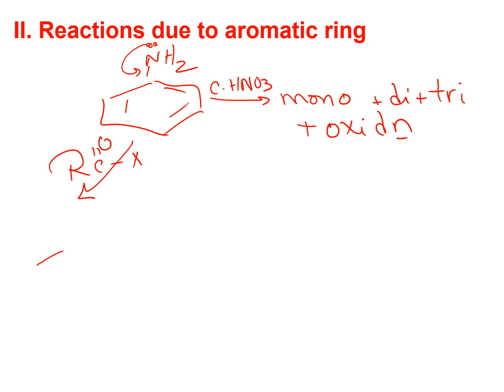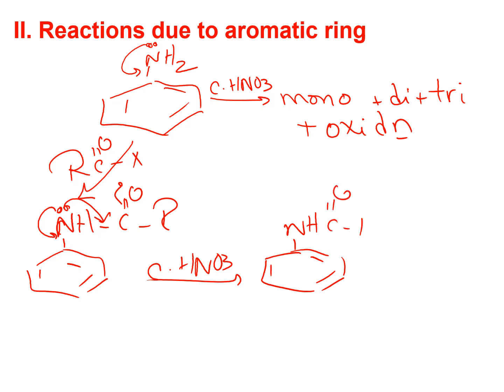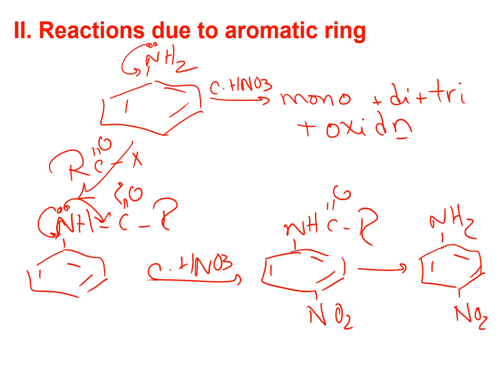We performed first acylation of the amino group to distract the lone pair of electrons between the ring and the carbonyl, and then we perform the nitration, and then we hydrolyze the acyl group. And as we said, you end up with a para product as a major product. Then you hydrolyze to end up with the nitroaniline. Para product is a major product.